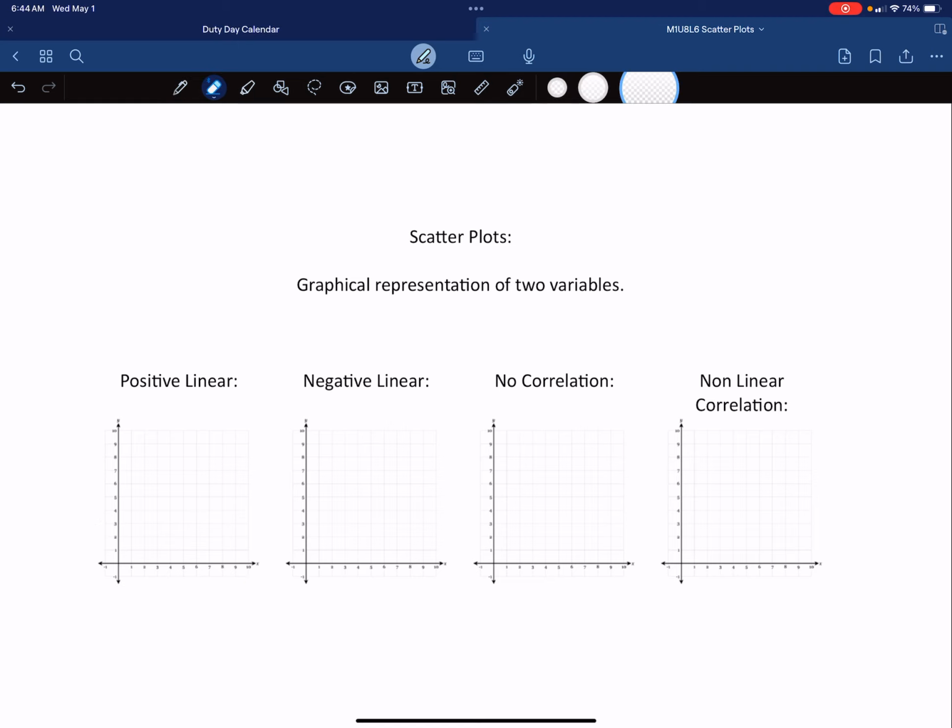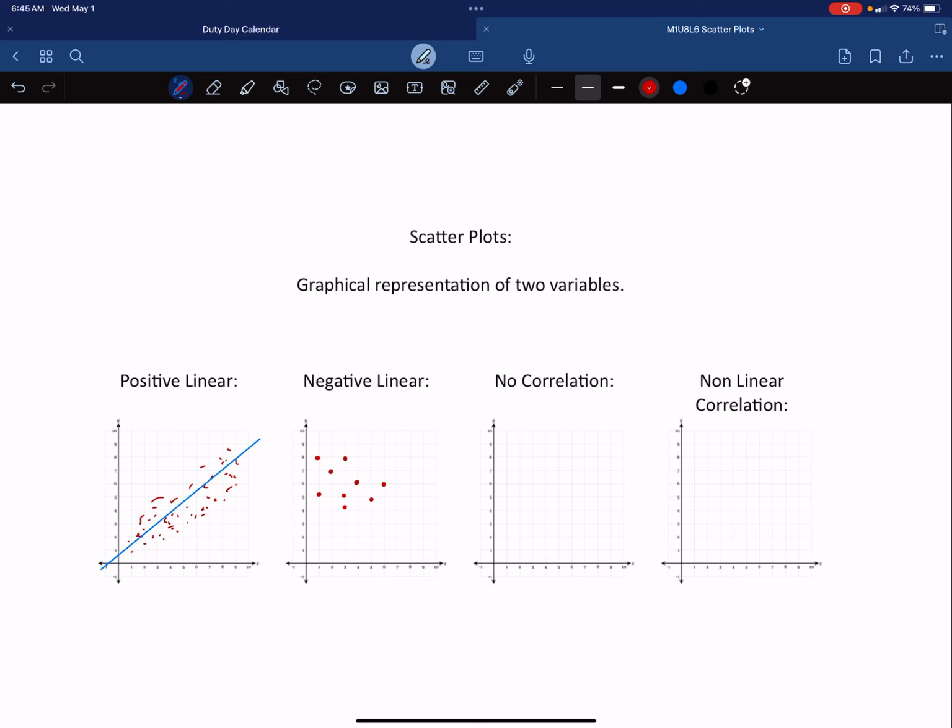So when we have a graph that looks something like this, where if I plot all the points, and it generally looks like a positive slope line, that is going to be a positive linear correlation.